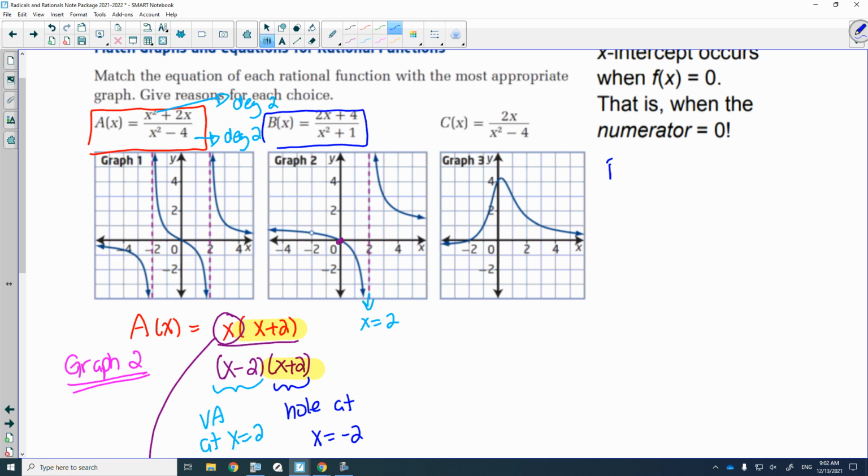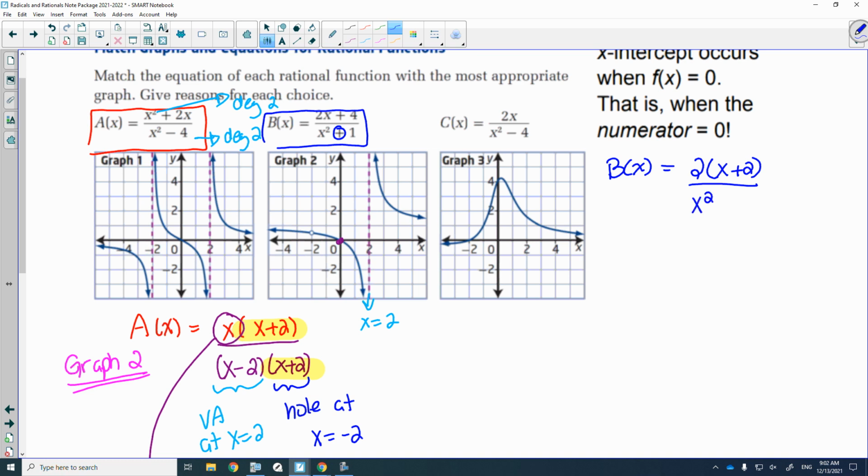Okay, b of x, I'll just do it over here. Factor numerator, factor denominator. So you say to yourself, numerator is going to be GCF. So I could take out a 2x plus 2. Denominator, you say, can I do difference of squares? And you cannot because we have a positive here. So that cannot be factored.